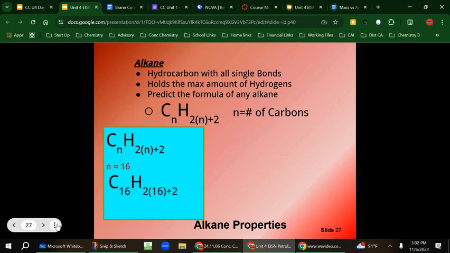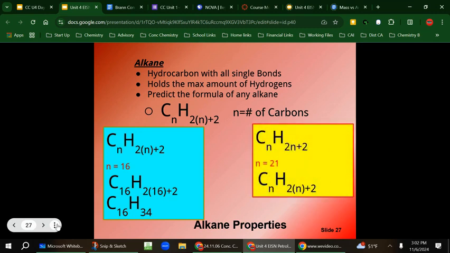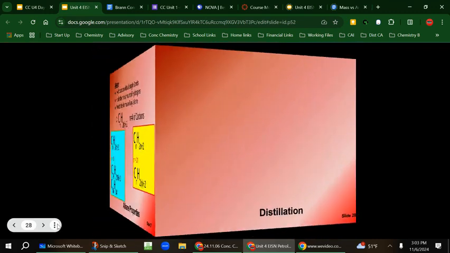So if you have 16 carbons, you are going to have 34 hydrogens. You can find the formula of any alkane if you know how many carbons are in it. So if you had 21 carbons, how many hydrogens would you have? 44. You would have 44.